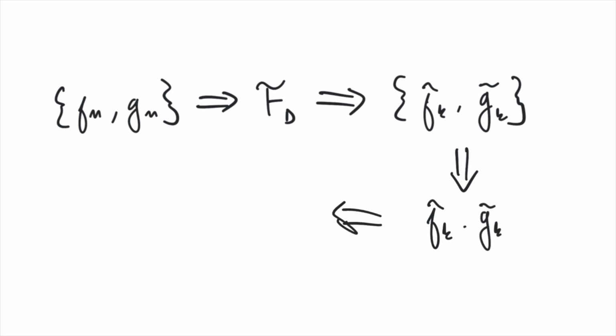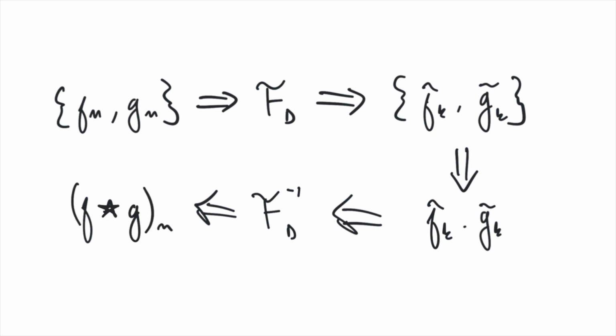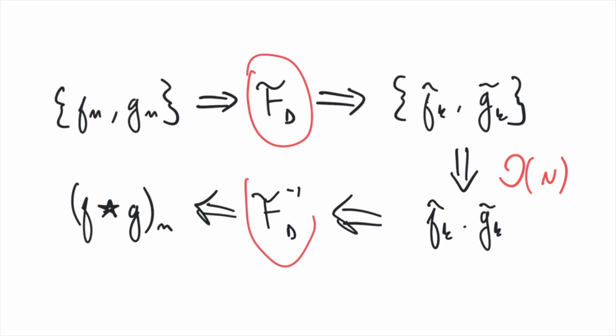Then you are ready to apply the inverse operator. And finally, you recover f star g_n as a sequence. Now, we said this is O(N). We just need to analyze how we can do these two operations fast, or at least faster.